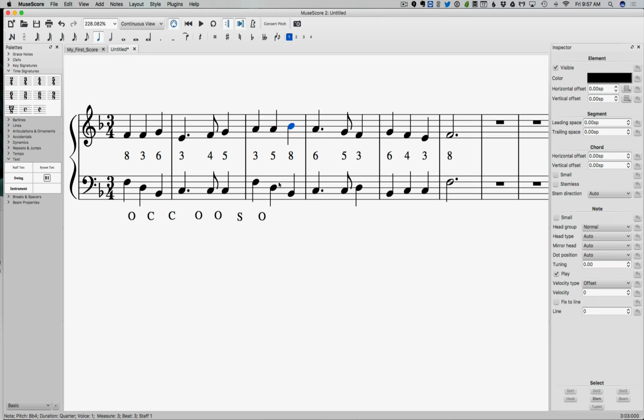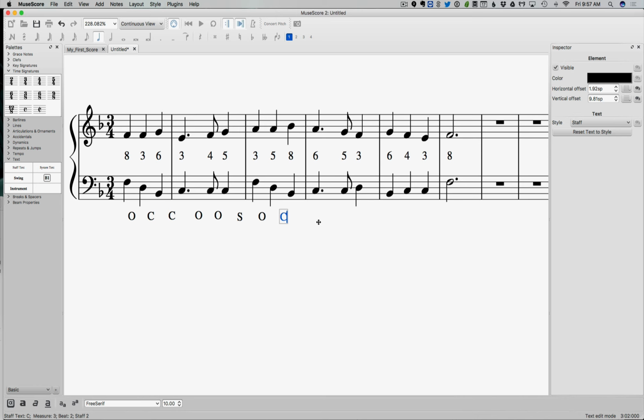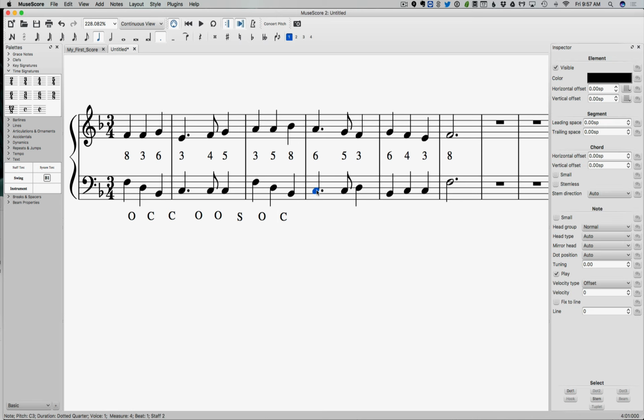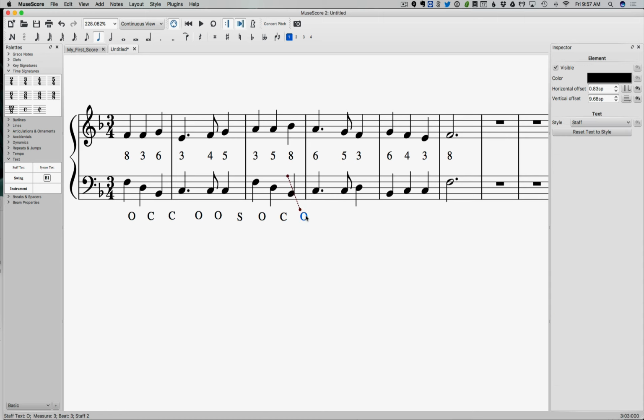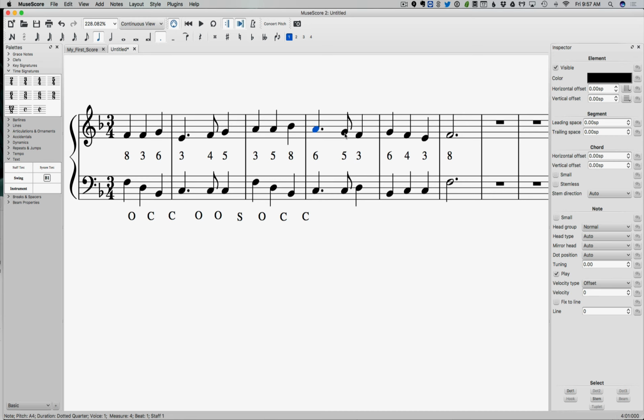A to B flat, D to G. That's contrary motion. B flat to C, B to A, another contrary motion. A to G, C to C, another oblique motion.